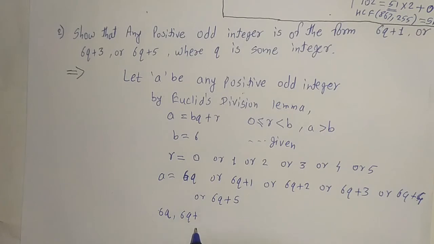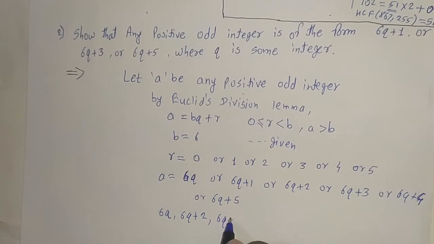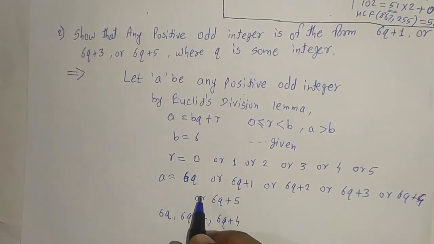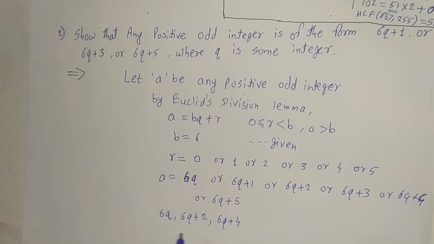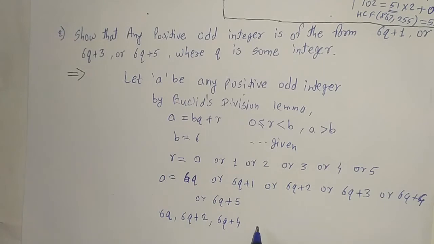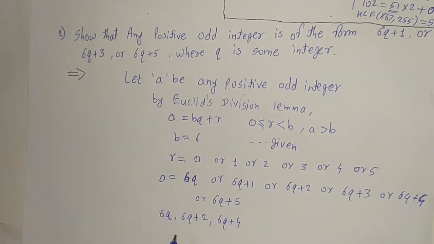If we add 0, 2 or 4 to 6q, we get 6q, 6q plus 2 and 6q plus 4. These 3 equations are divisible by 2.